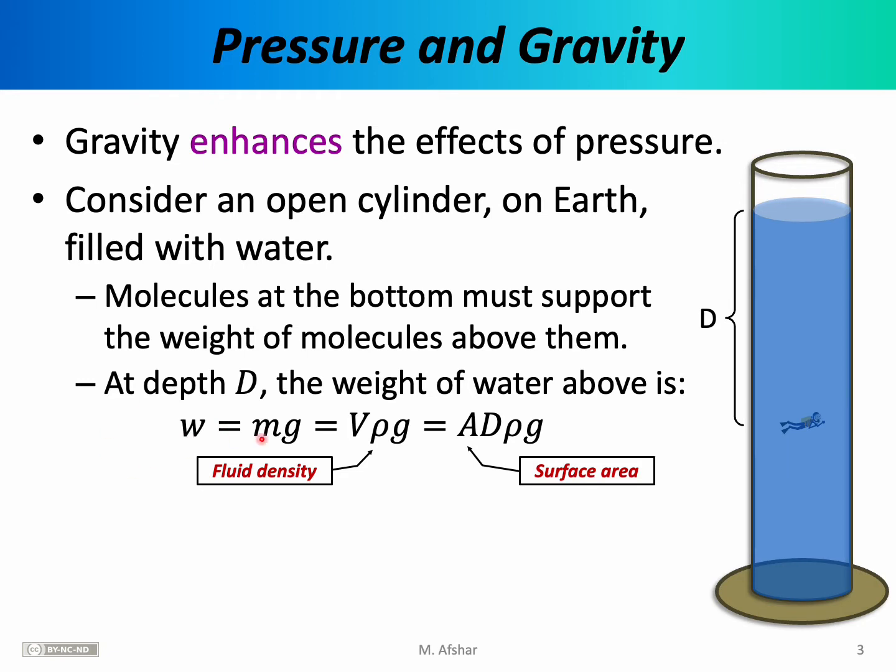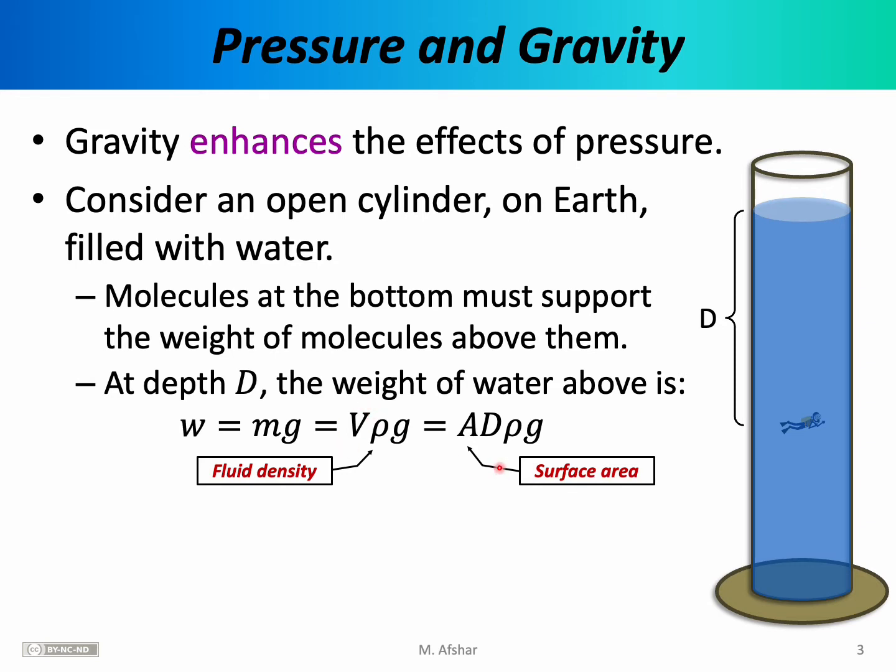Well, we know that weight is equal to mass times gravitational acceleration. We also know that mass is equal to volume times density. So we often define density rho as mass divided by volume. Rearranging that formula, we find that mass is equal to the volume of the water above that molecule times the density of whatever fluid we're considering.